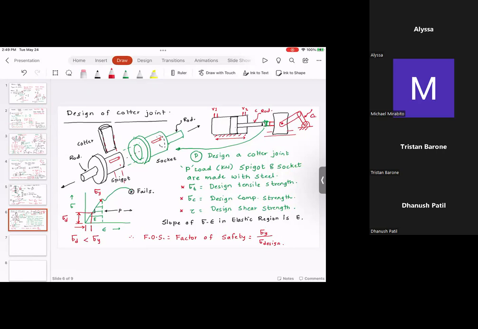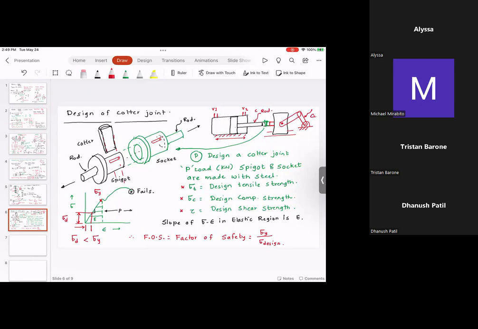So with that, if you work out a problem, either for the homework or for the quiz, the problem statement would be something like this: design a Cotter joint, which means find out all the important dimensions of this particular mechanical engineering system. Once again, why is this a system?